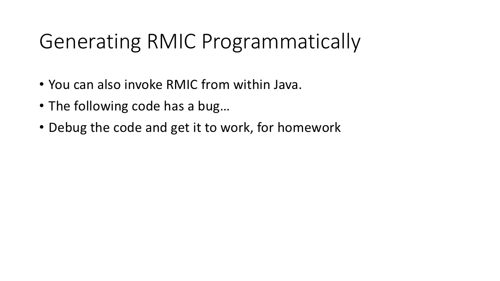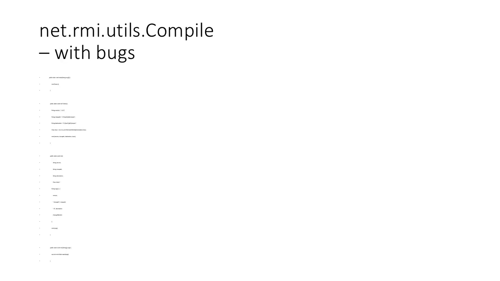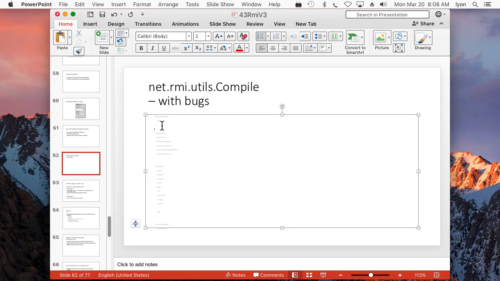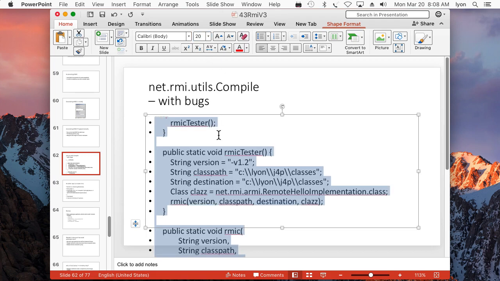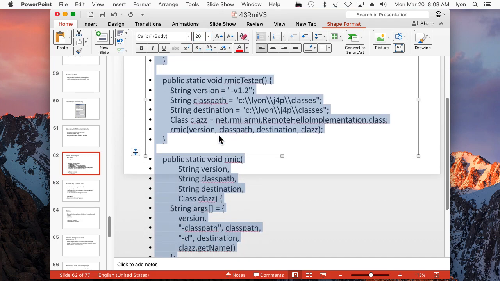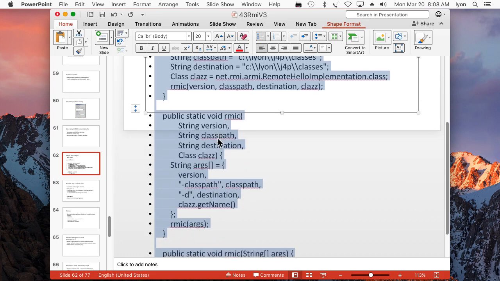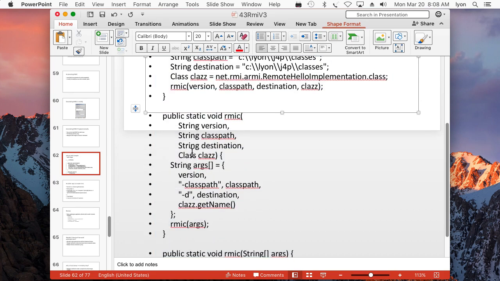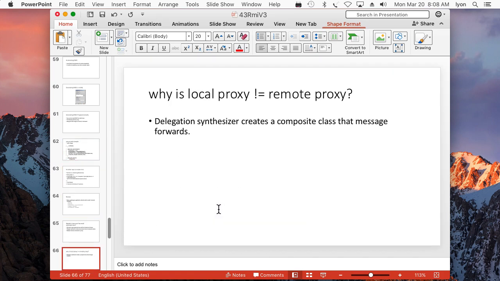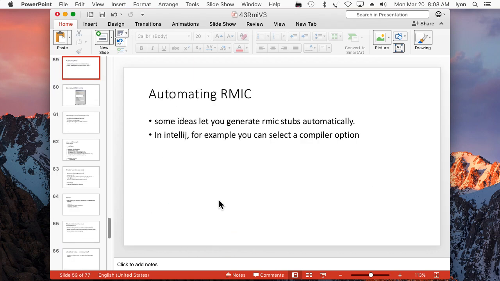And here's some code with a little bit of a bug. You can try and work this out. See if we can gain access to a larger version of it. So here's the RMI tester. It sets a class path, and then what it does is it calls RMIC with args.